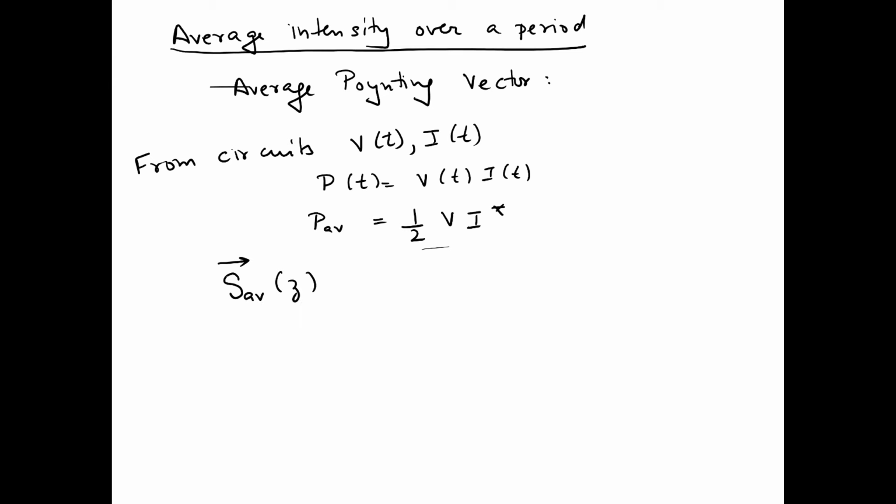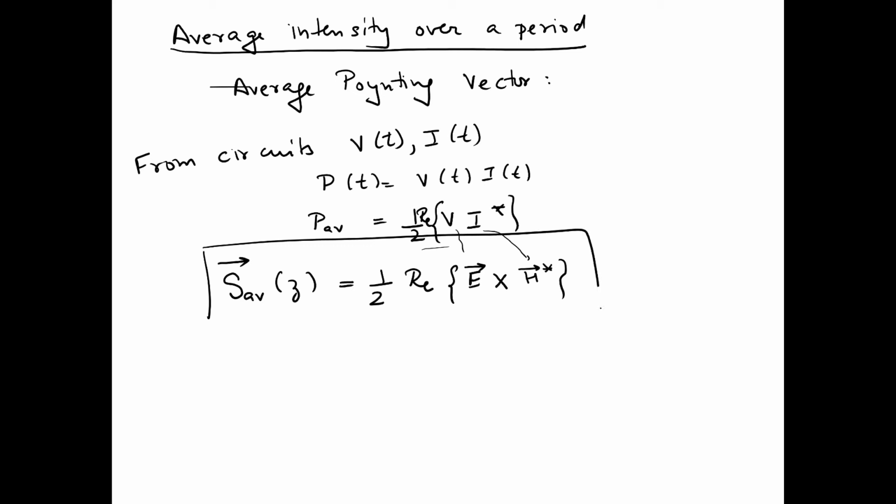It's still going to be a vector. It is going to be half of, sorry, this was real, half of real. V we said was equivalent to the electric field, and I we said was equivalent to H, and you have a cross product with a wave.